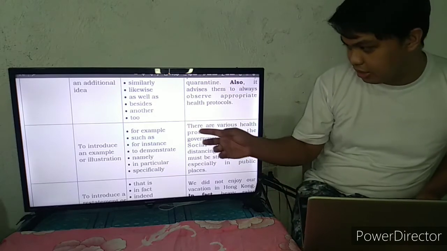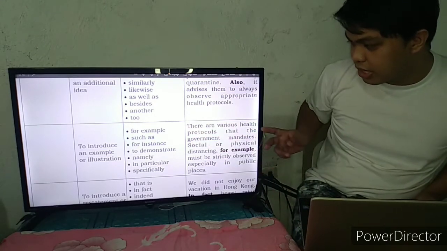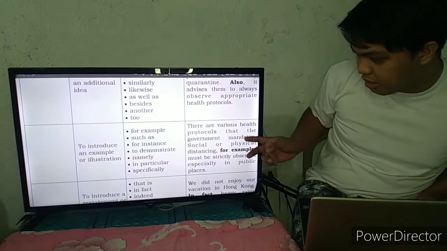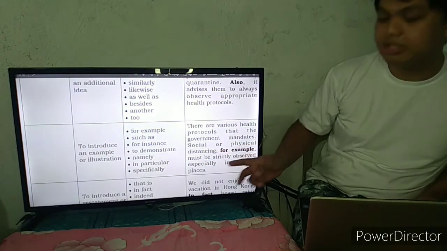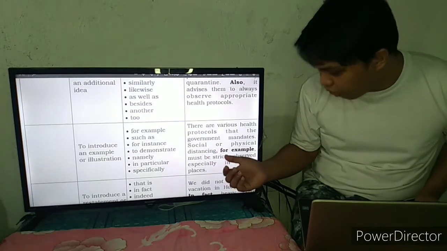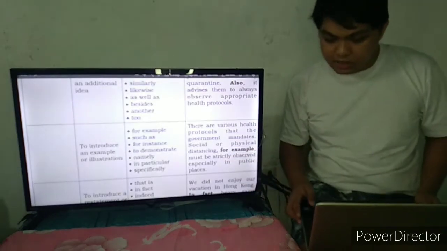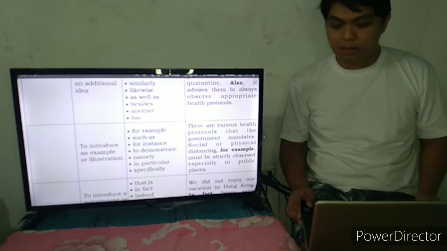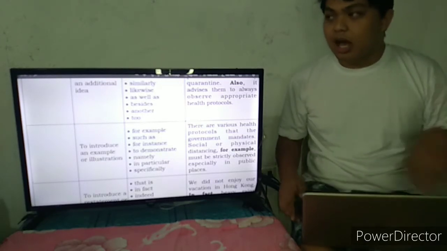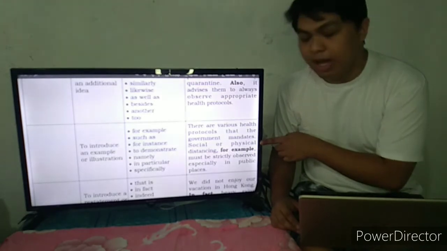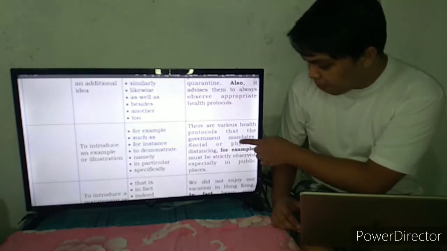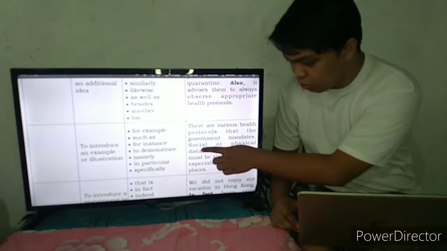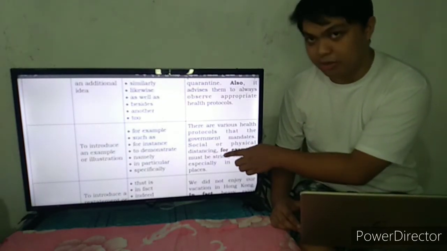For example, sentence, there are various health protocols that the government mandates: social or physical distancing. For example, must be strictly observed especially in public places. Okay. Ang idea dito sa sentence na ito, mga anak, is yung pagmamandate or pagbibigay ng mandato para sa social or physical distancing.